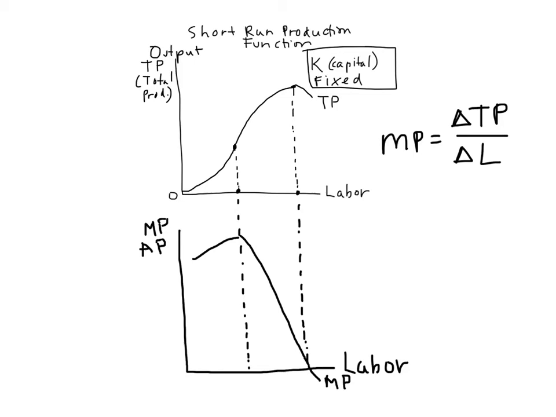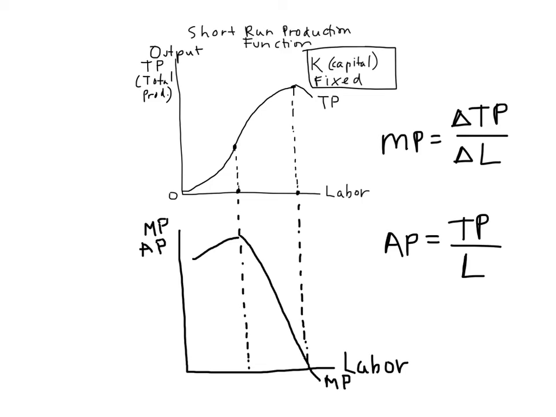So now I'm going to add the average product curve. First, let's just recall that average product is equal to total product divided by the variable input, in this case labor. Notice there's no deltas, no change in. So it's just the total amount of total product divided by the total amount of labor at any level of labor input.